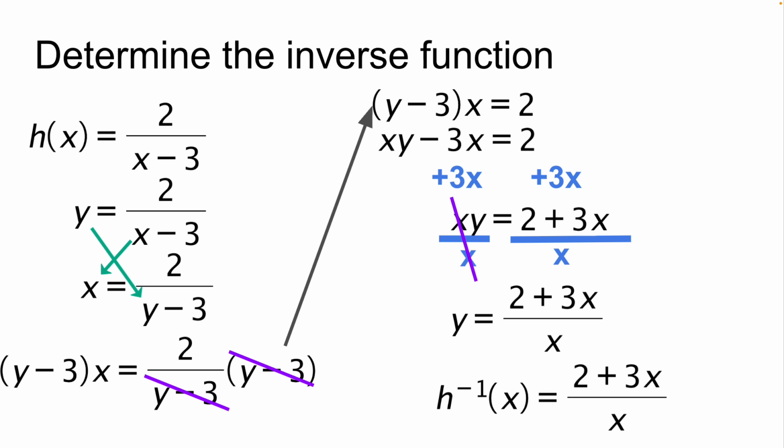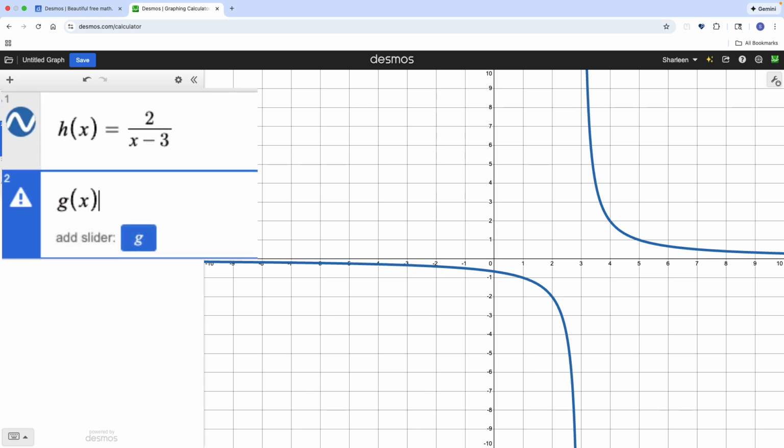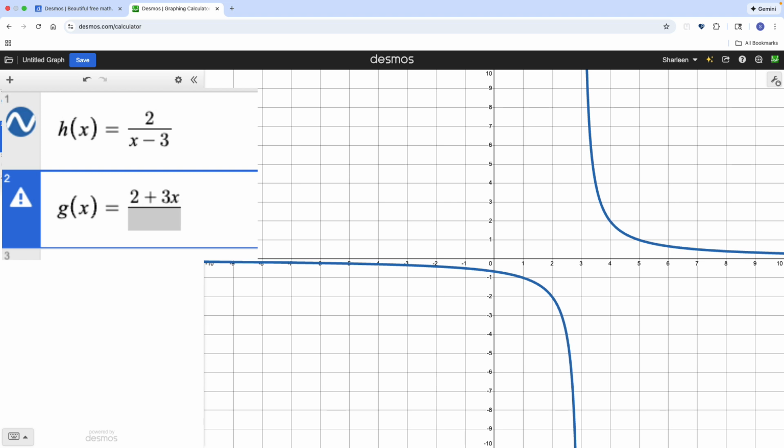Now let's just check to make sure that this is in fact our inverse function by going back over to Desmos, adding this inverse function to the graph, and making sure that h of x and h inverse of x are mirror images across the diagonal line y equals x. Just as with our last example, Desmos doesn't like the notation h inverse of x, so I'm just going to call the function g of x, and that was equal to the quantity 2 plus 3x divided by x.